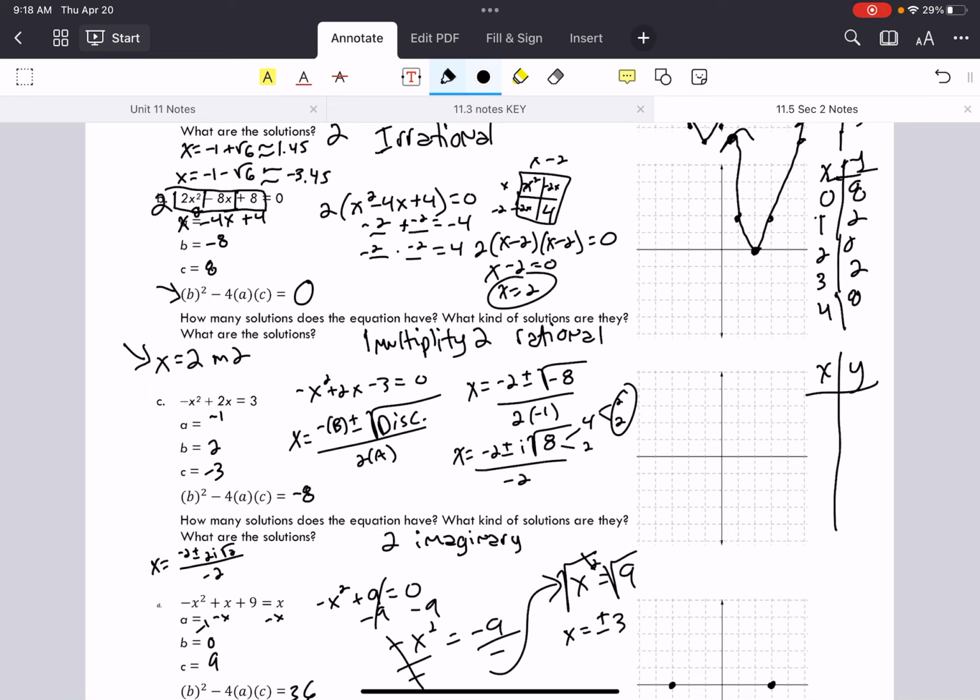Again, if you don't have a graphing calculator, then you just have to go in and take each of these x's and plug them in for x.